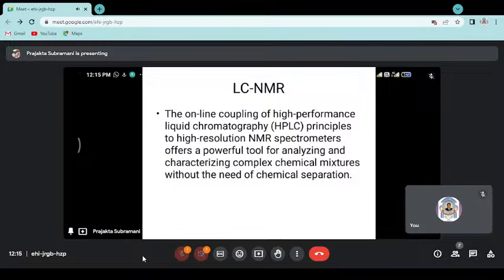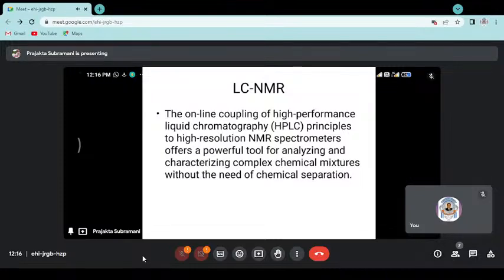This LCNMR technique is the online coupling of high performance liquid chromatography, that is HPLC, to a high resolution NMR spectrophotometer. It offers a powerful tool for analyzing and characterizing complex chemical mixtures without the need of chemical separation.